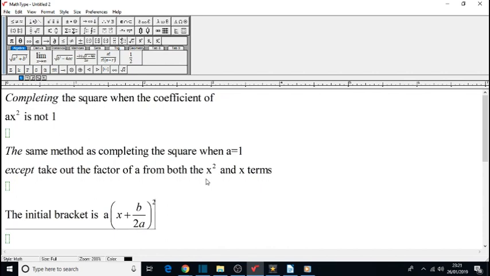Hello there, and now I'm going to teach you how to solve quadratic equations using completing the square when the coefficient of x squared is not 1.